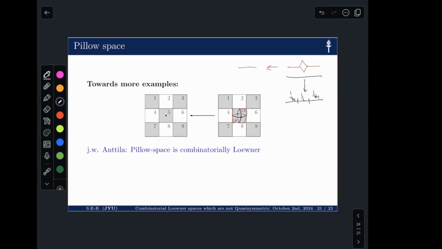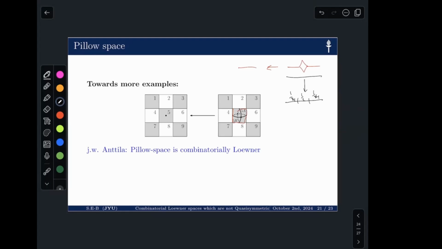But I don't think it's out of the question that in some non-trivial cases, this combinatorial Loewner condition would actually imply a Loewner condition. So maybe this technique, this idea of using the combinatorial Loewner condition, identifying the right construction of a metric, can succeed in some cases.